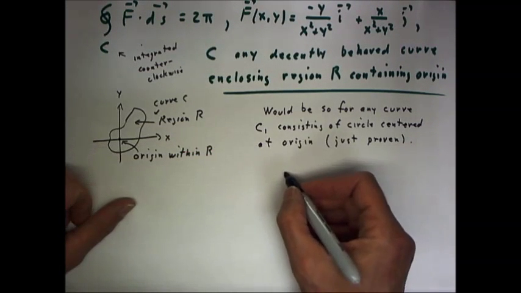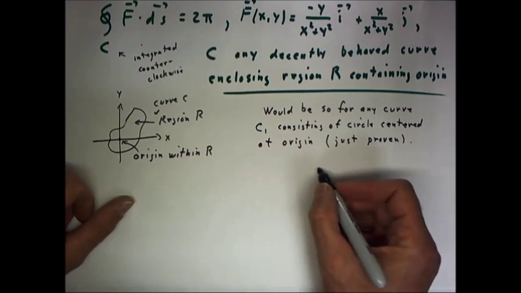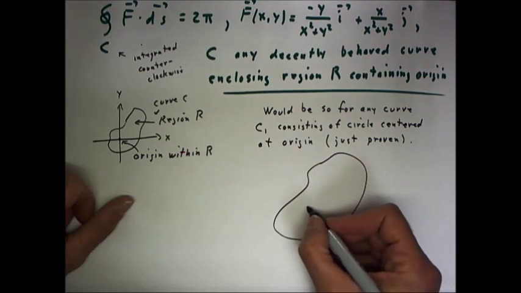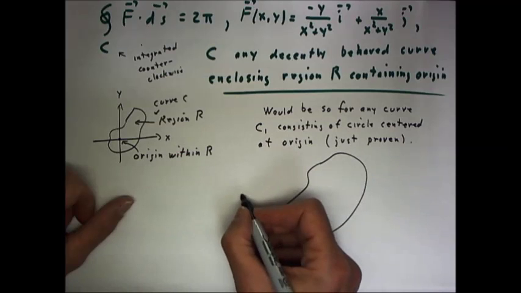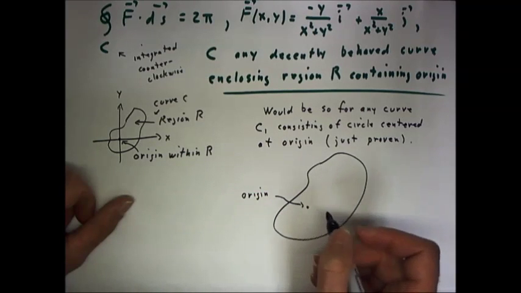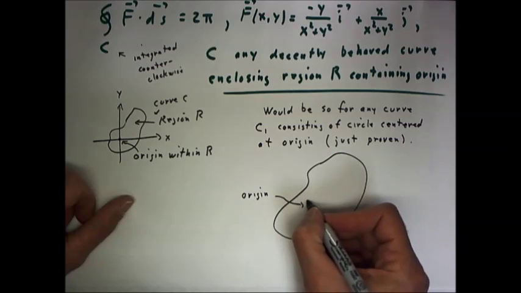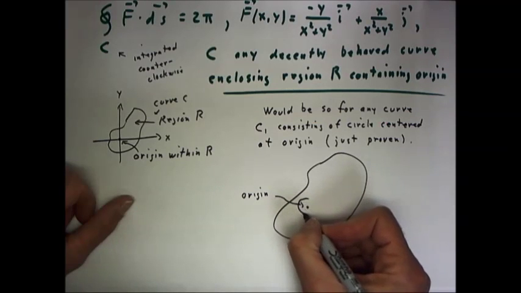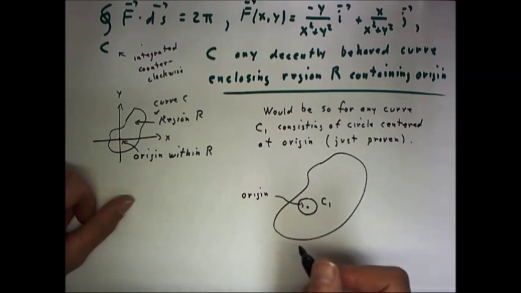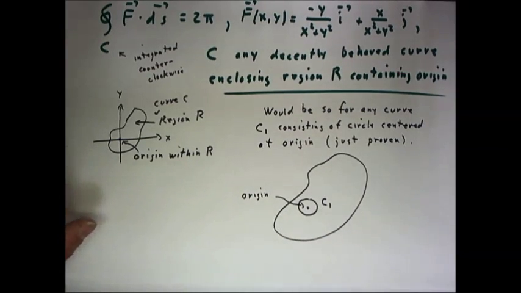So let's draw a little bigger picture. Doesn't look exactly like it did before, but let's say now here's the origin. And let's draw a circle C1 about the origin.